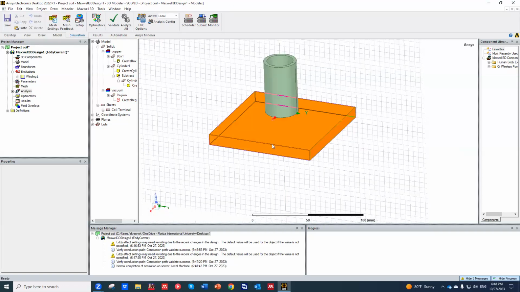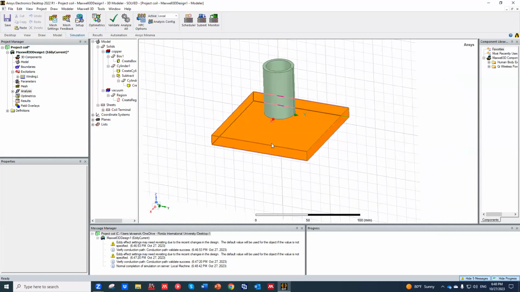And this curl of current alternating in time, because of the finite conductivity, creates dissipation, right? Dissipation of the electric field, dissipation of the current in the metal, and turning it into heat.